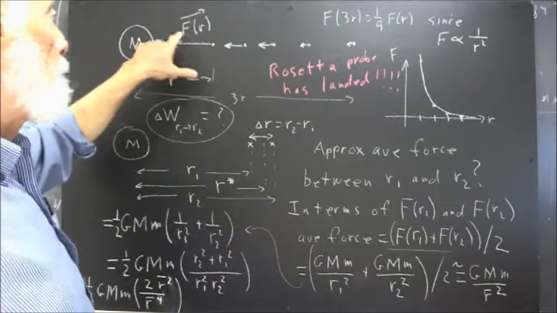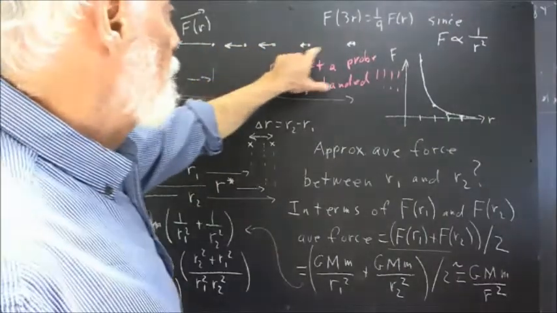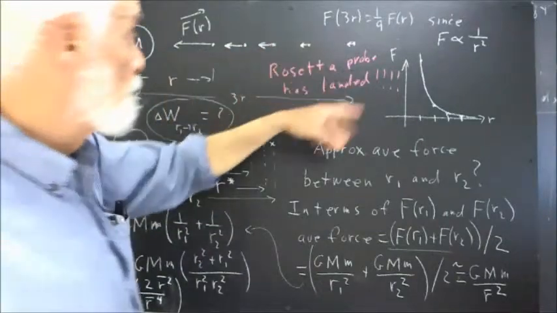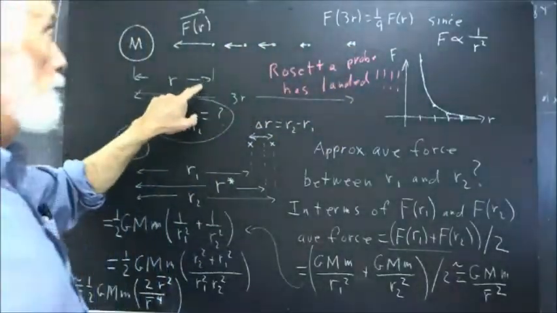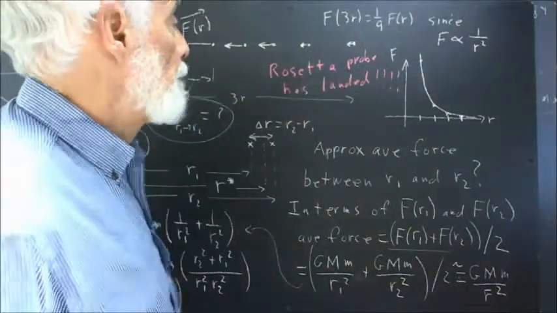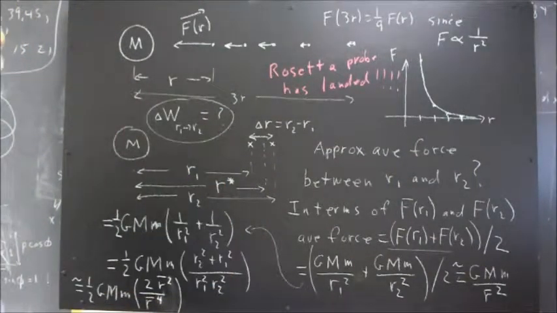The question we ended with in the last video was, what do the forces look like as we move out? I asked people to give me their estimates of what the force would be at the 3r distance as opposed to the r distance. What percent of this would we have here? Estimates range from 7% to 30%.